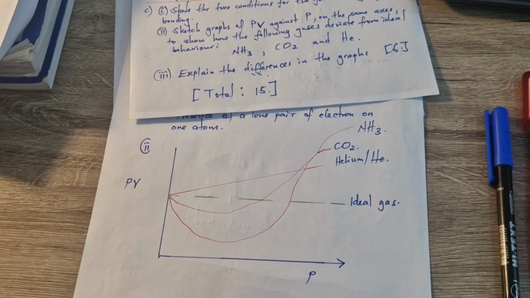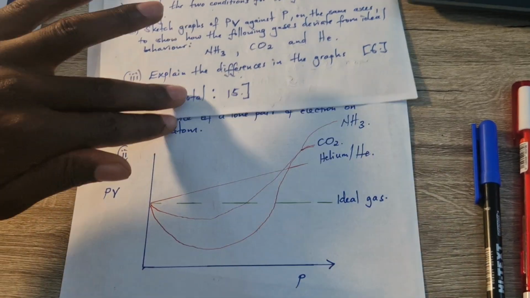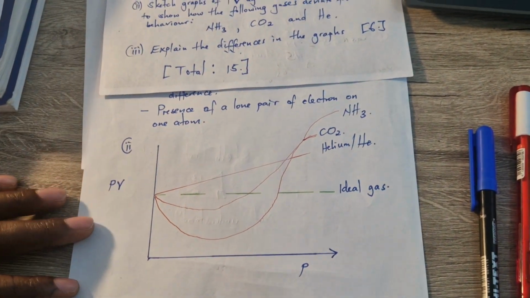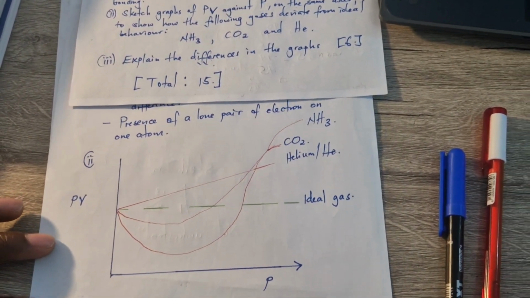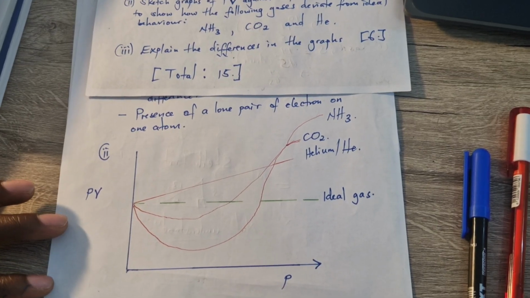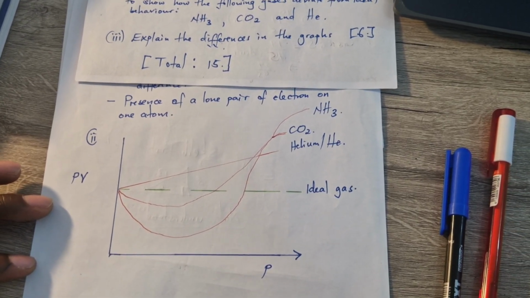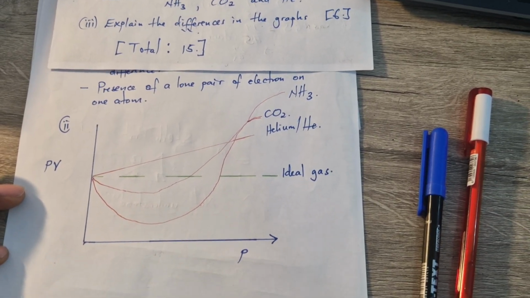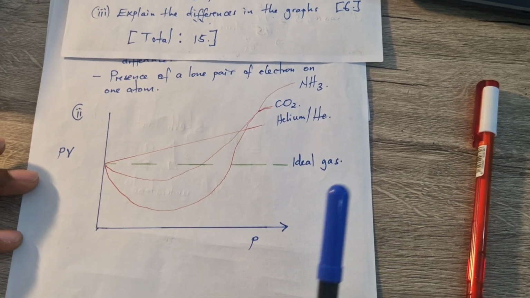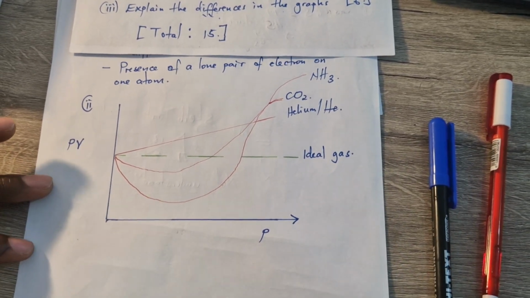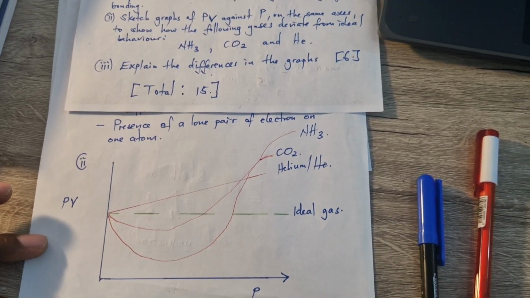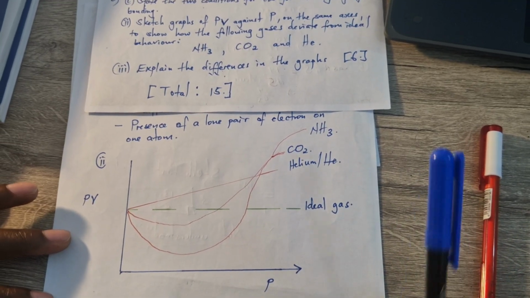So that's the graph. I have clearly sketched the graphs, but when you draw in your exams, make sure that you use a pencil. Here I'm just using the red pen and blue pen so that you can actually see the differences in the behaviors of the gases.